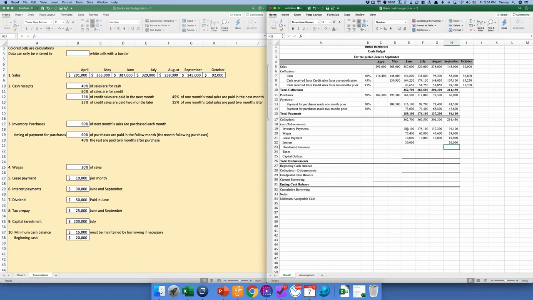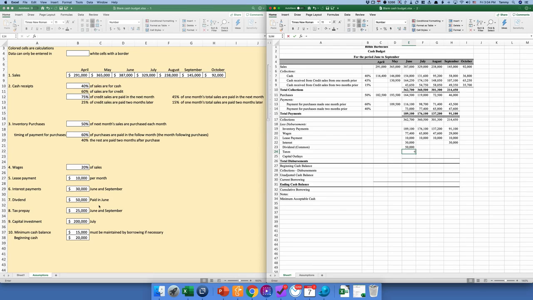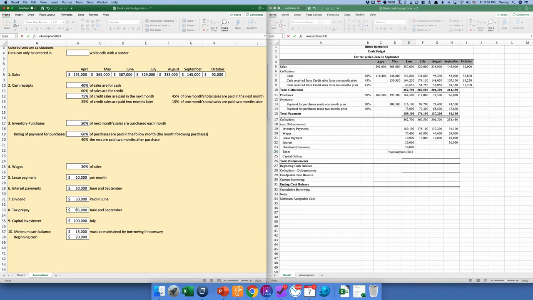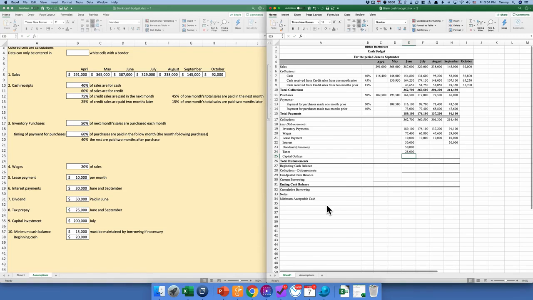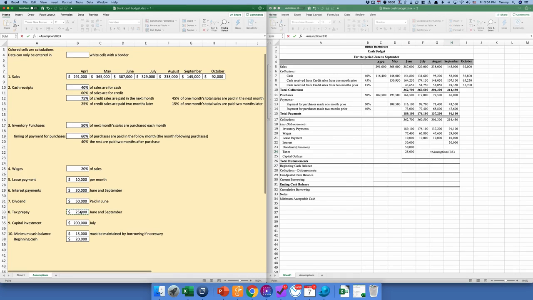Our dividends, we're going to pay $50,000 in June. And our taxes, we are also going to pay in June and September. We just grab those from the other sheet.